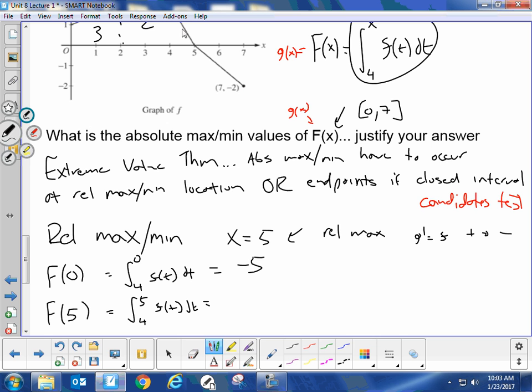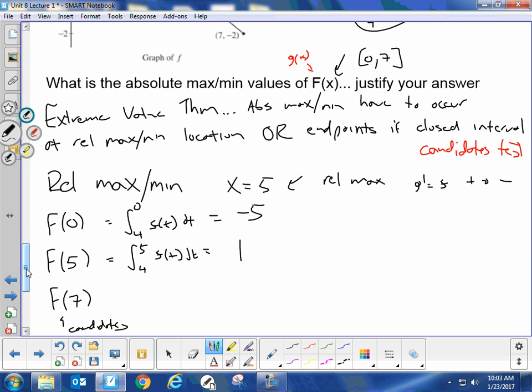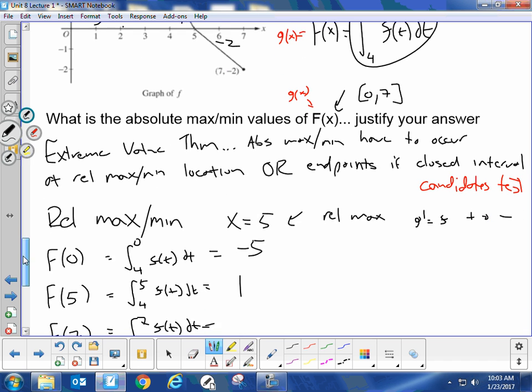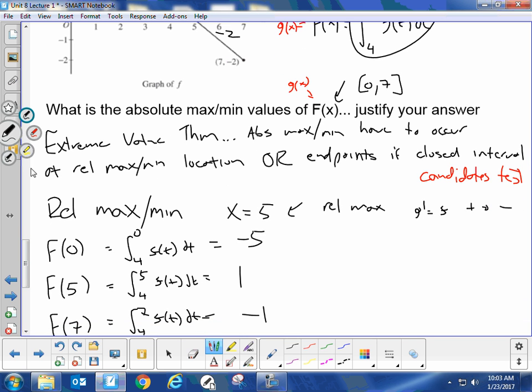This would be 1. It would be a positive area. Then big F of 7, integral from 4 to 7, would end up being negative 1, because this is negative 2. Which means this would be the location of your absolute min, and this is the absolute max.